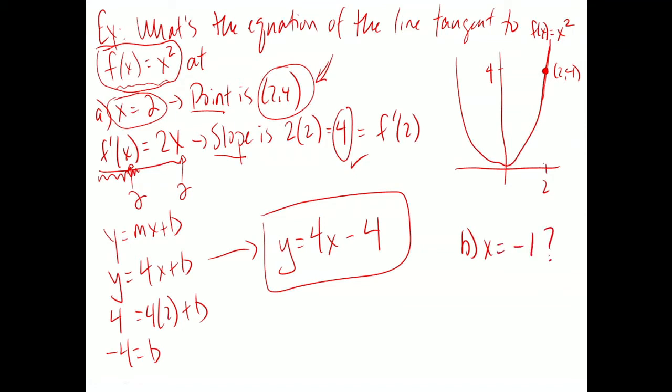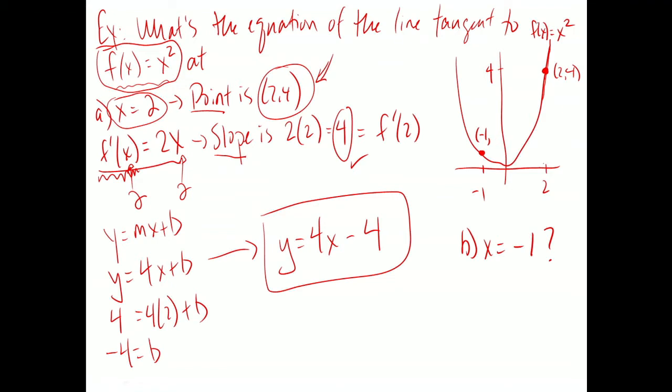So x equals negative 1 is over here, so now I'm talking about that point. Similarly, I need the coordinates of that point. What's the y value of this point?